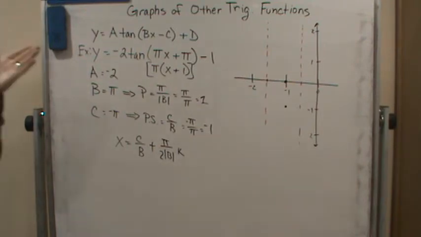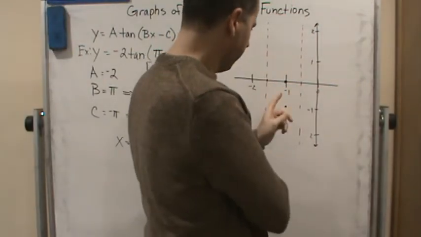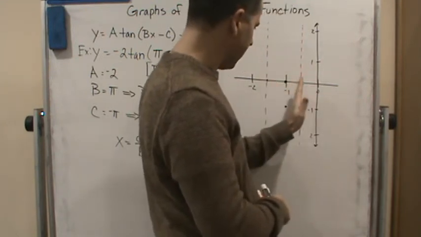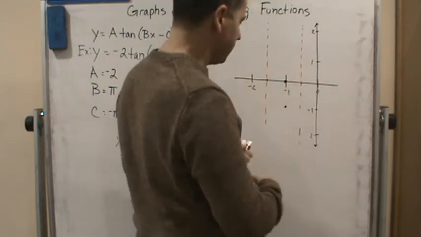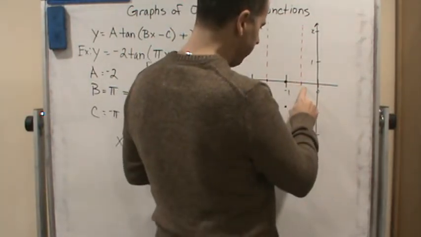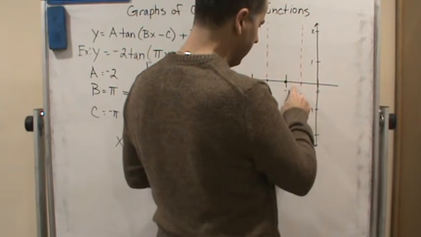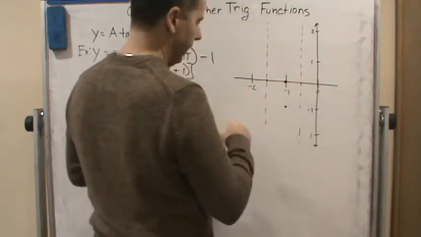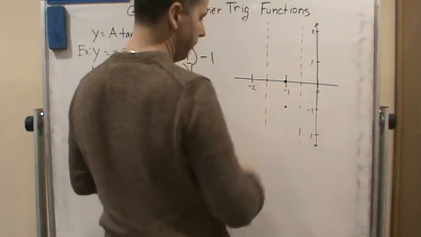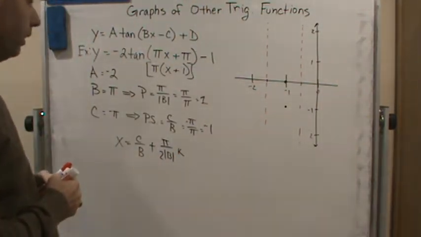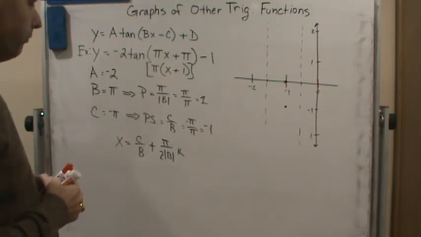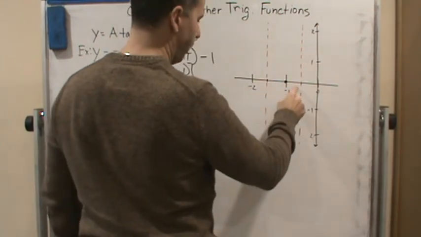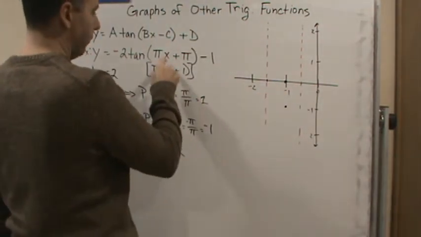Why don't we go halfway, just like before? We could cut this up into quarters. So if this is -0.5, let's do -0.75 and -1.25.